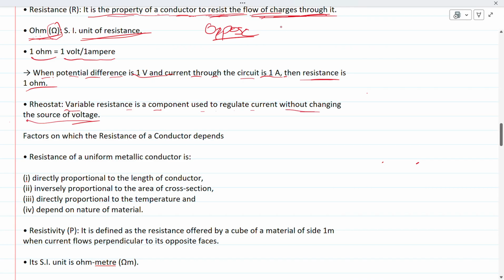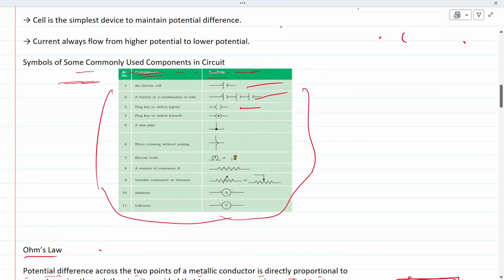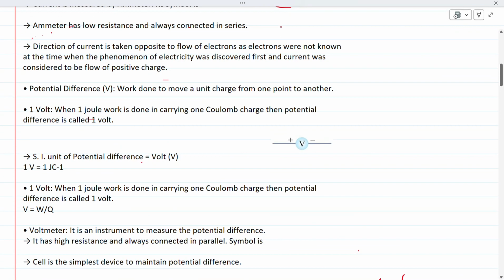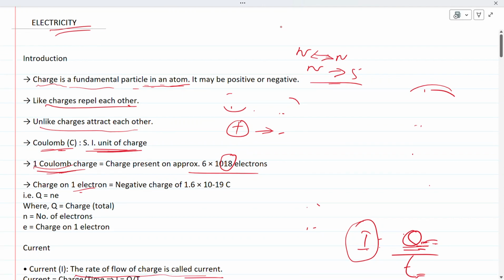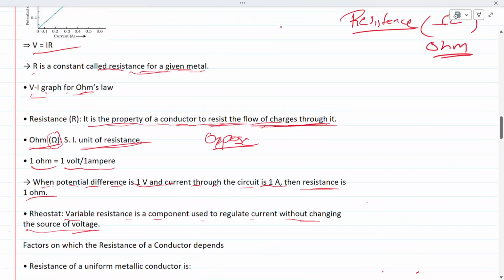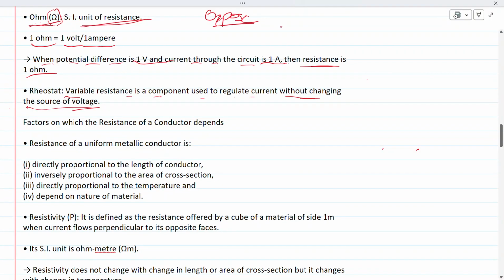Let's take this diagram, and as I have told you, you all have to learn this diagram. This is the variable resistance, this is a rheostat. The symbol of rheostat is this. I will explain this by taking an example. Let me draw a circuit.